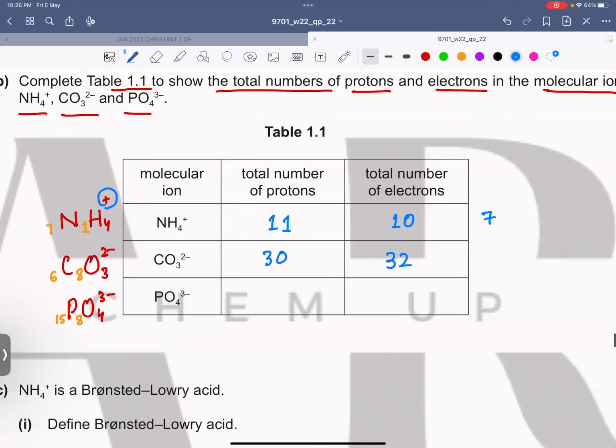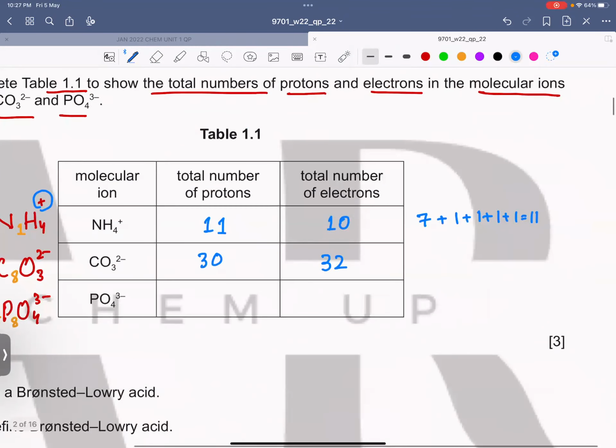Okay, let me do this over here. So 11 protons, and here 6 plus 8 times 3, 30 protons.